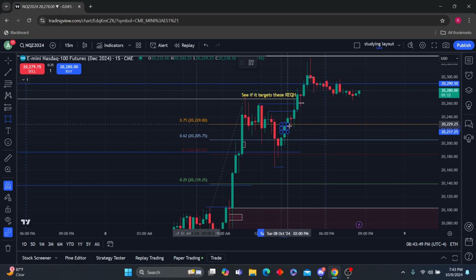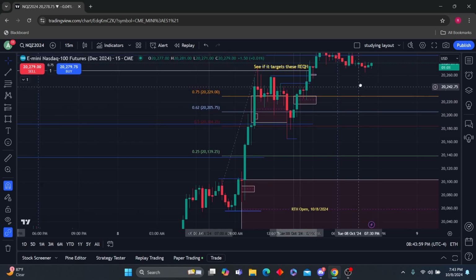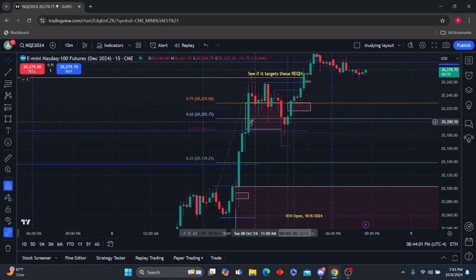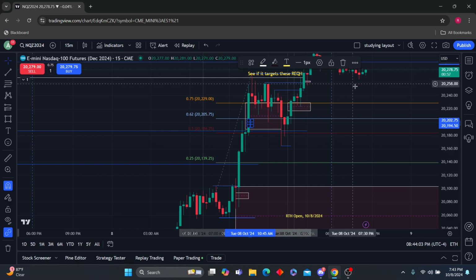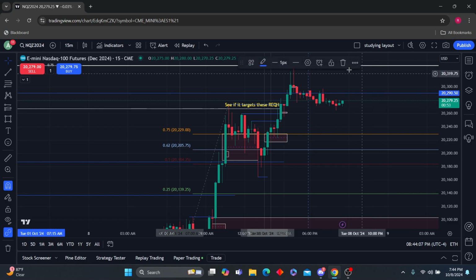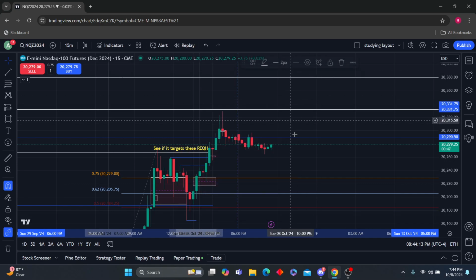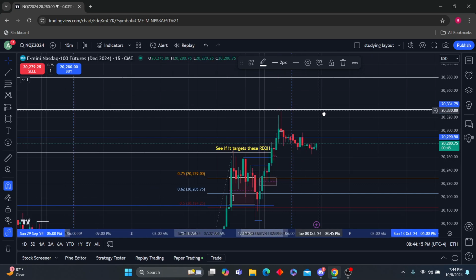So let me mark these 15-minute fair value gaps that it fills up. And then it breaks up over this high, leaves this weekly primary buy side, last week's high, so buy side tomorrow.